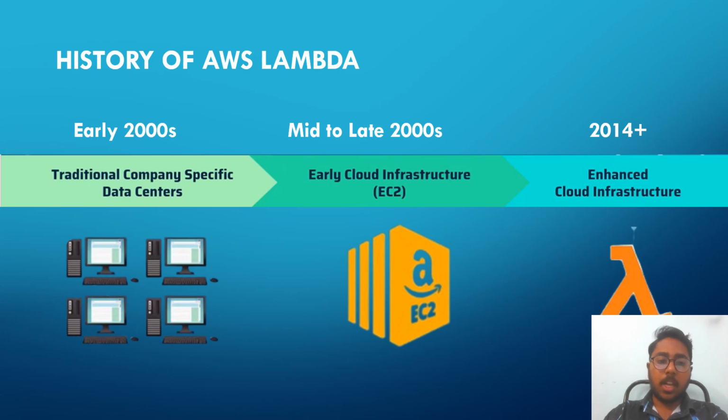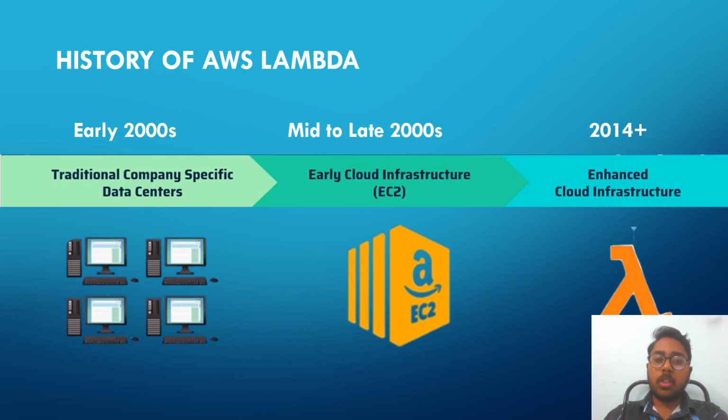History of AWS Lambda. In the early 2000s, there were traditional company-specific data centers. We set up the hardware architecture and data centers to get the data stored, and it took lots of space and manual power was necessary to monitor all the things.